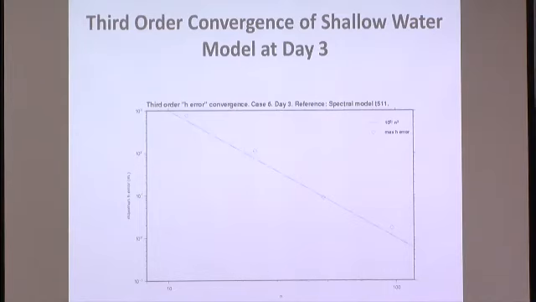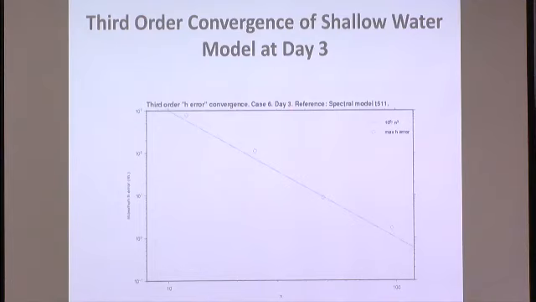This is a convergence diagram, resolution against error, and this is a third order rate of convergence, and it's also for Williamson test case number 6, and you can do it only for short time integrations.